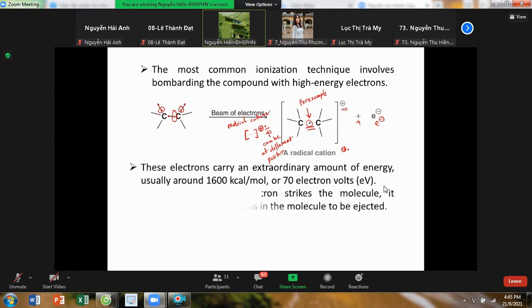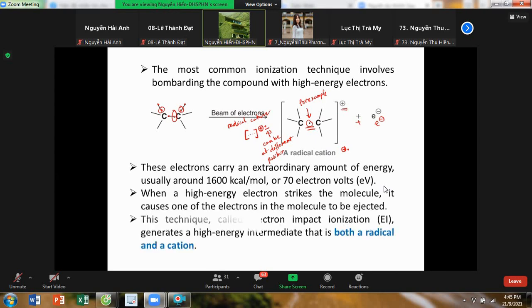Okay. So when a high energy electrons strike or bombard the molecule, it causes one of the bonding electrons in the molecules to be ejected. In this technique is called electron impact ionization.